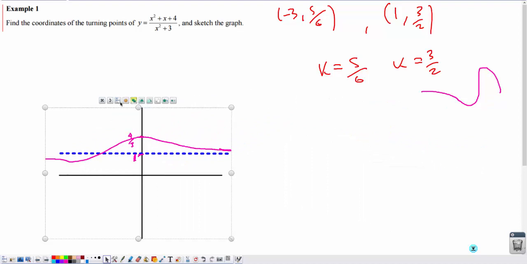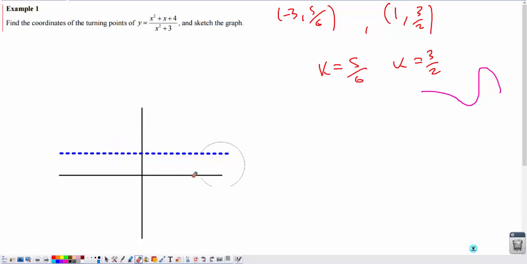Now let's get rid of what I drew before, but we're going to keep our asymptote. The asymptote was at y equals 1. My intersection point was at 4/3. Let's put it high to make our life a little easier. What are my turning points?